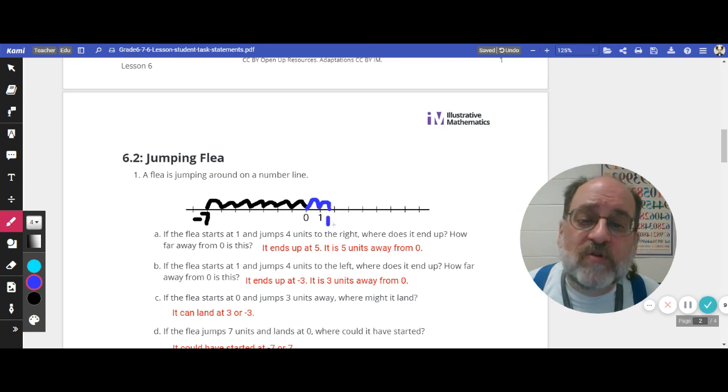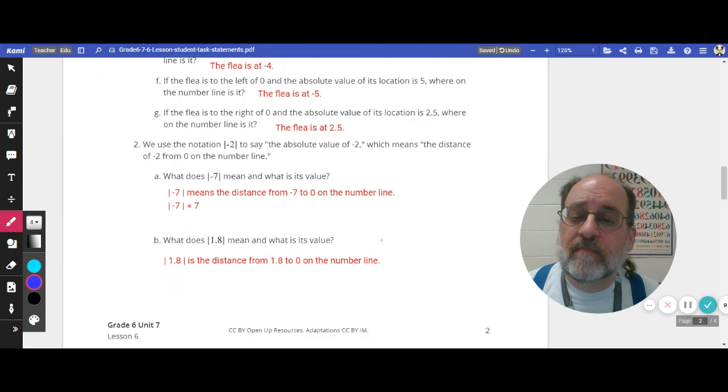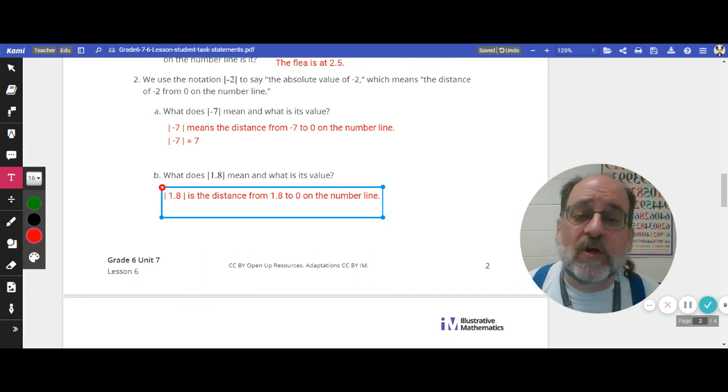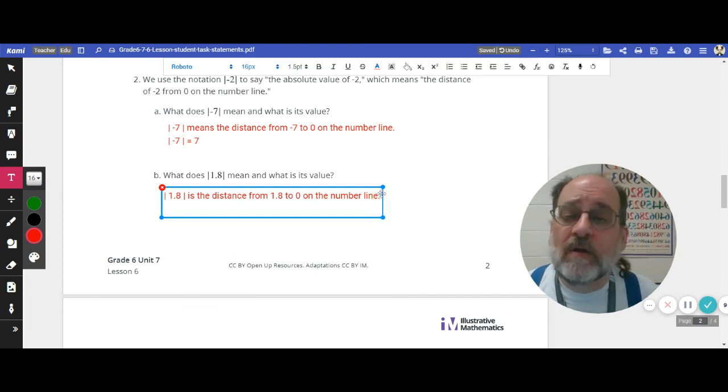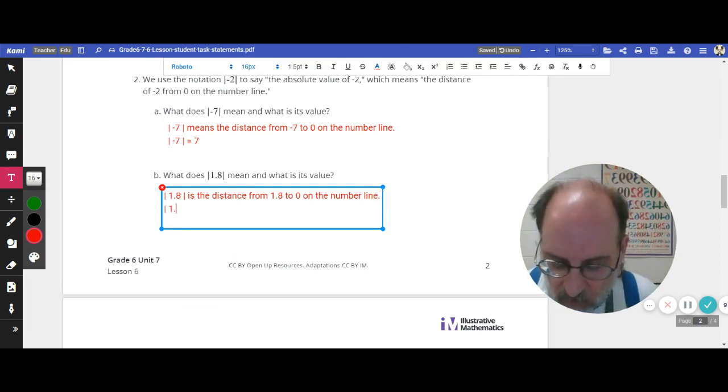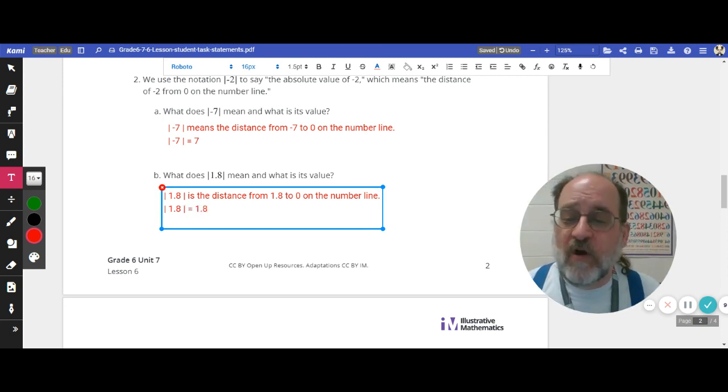So on the number line, I'm supposed to be at 1 and 8/10. So as an equation, what I write down is that the absolute value of 1 8/10 is 1 8/10. That's how far away we are from 0 on the number line.